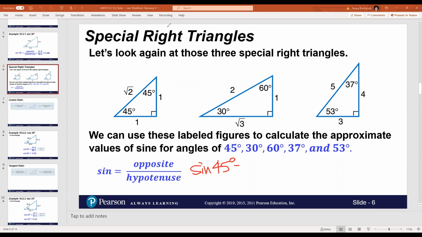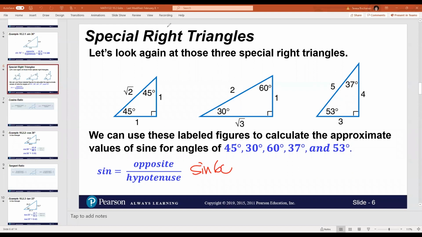Sine of 45 degrees means take a look at your 45-degree angle, look at the side opposite. If that length is 1, the hypotenuse would be square root of 2. Sine of 45 is 1 over square root of 2. Sine of 30 is again opposite over hypotenuse. Sine of 30 is 1/2, and that's true for all 30-degree angles, not just this particular scenario.